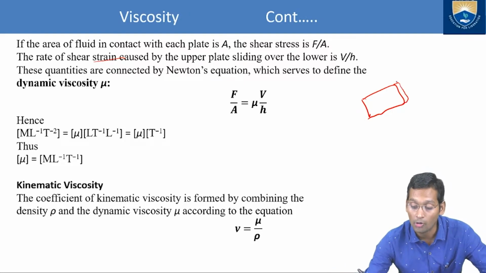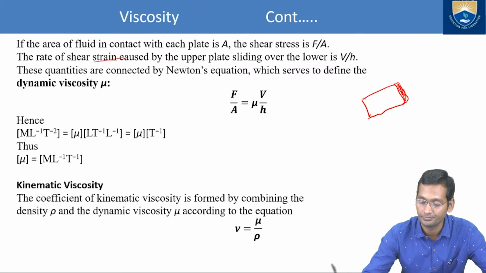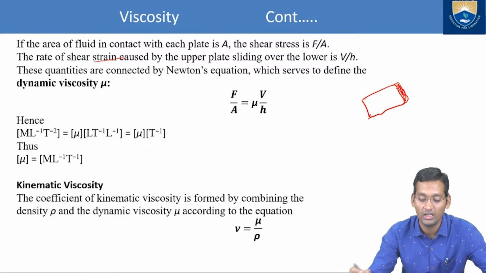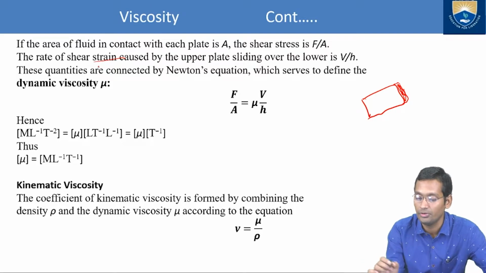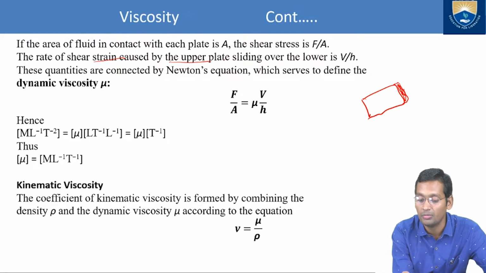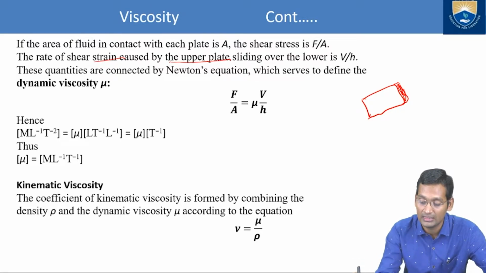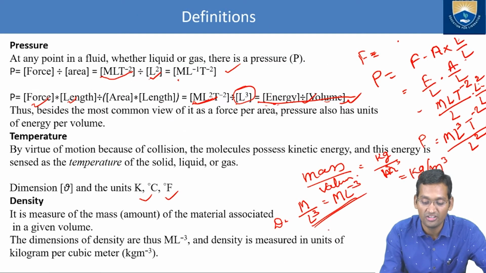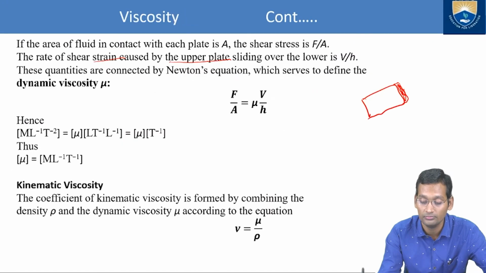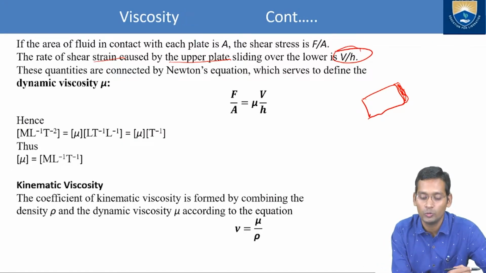How much it has increased, divided by the total, is called the strain. Because of the shear force, strain is developed, so that's why we call it shear strain. Because of the upper plate, how far is it? We see it at distance h. So the shear strain rate will be the velocity divided by the distance between the two plates.